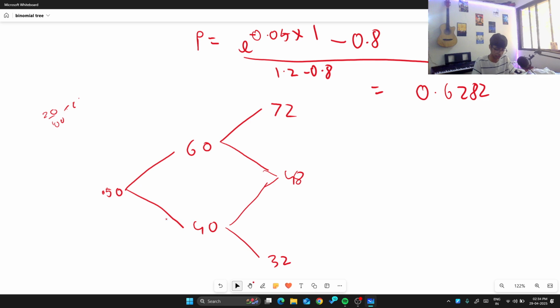This is our graph, and for a put option, the payoff would be maximum of K minus S_T and 0, right? Simple.